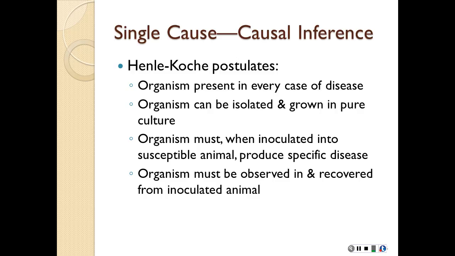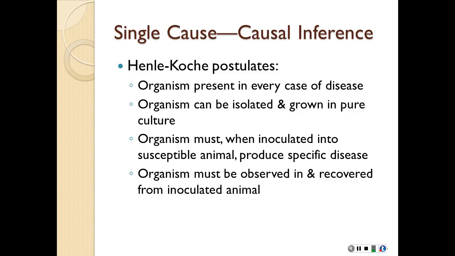And back at that point, we had the single cause, the Henle-Koch postulates. So, for a single causal factor, you have to have the organism present in every case of disease. So if you're talking about AIDS, HIV has to be present in every single case of AIDS.